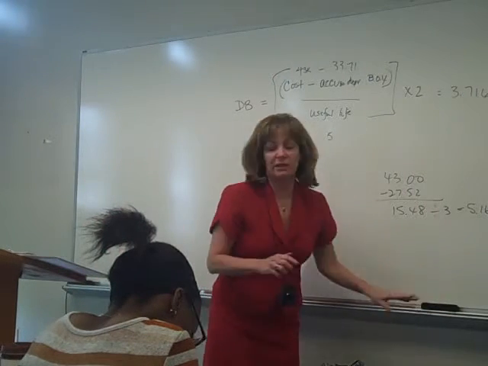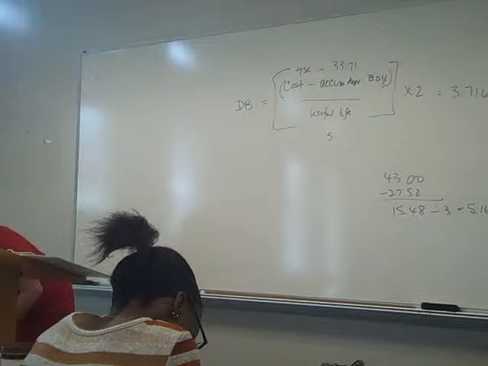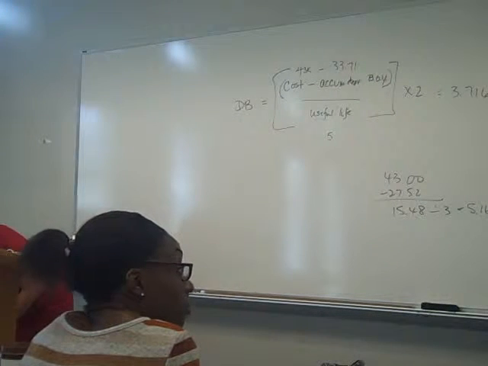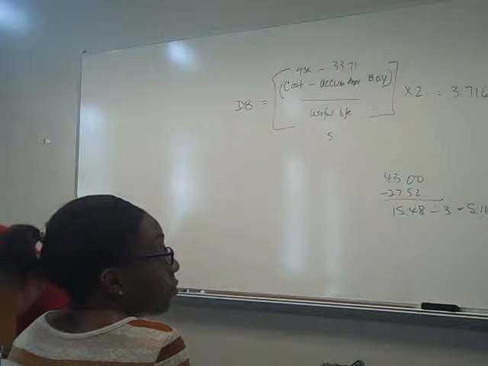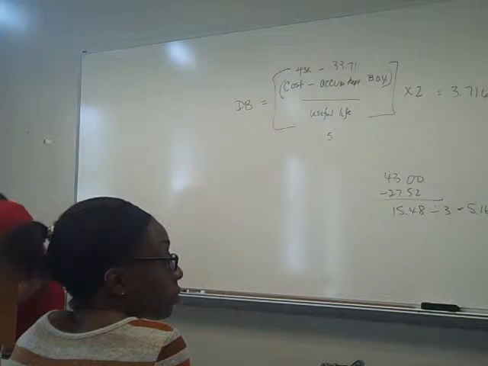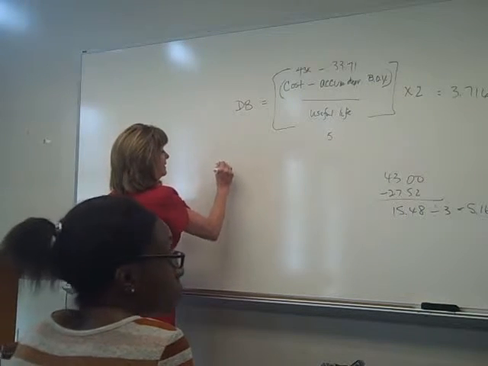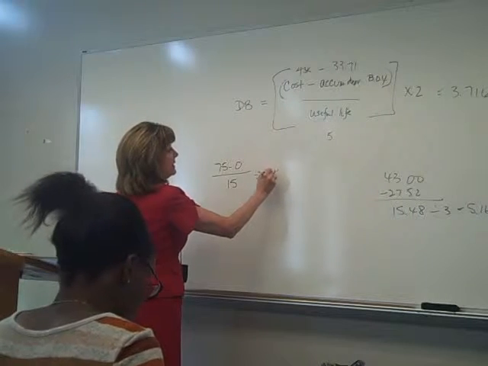So, what we would do in this case, well, I'll just show it to you. You would do the remaining depreciable base. Okay, so it would be the 75,000 minus 0 divided by 15, which would be 5,000 a year.